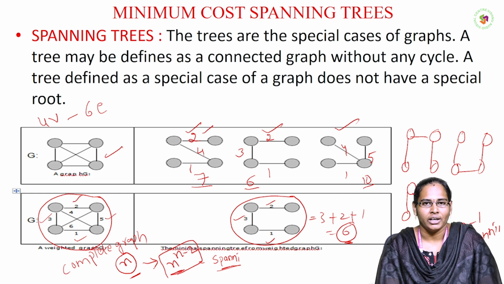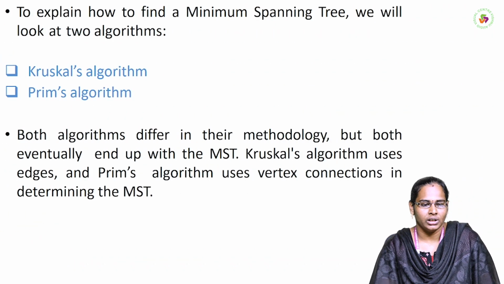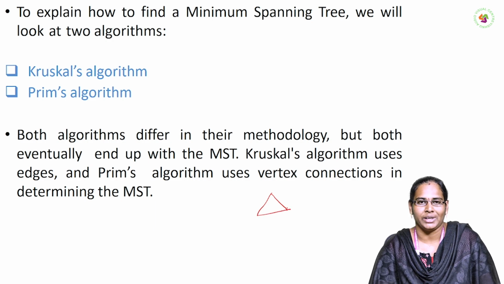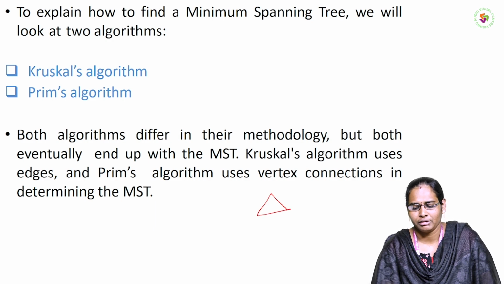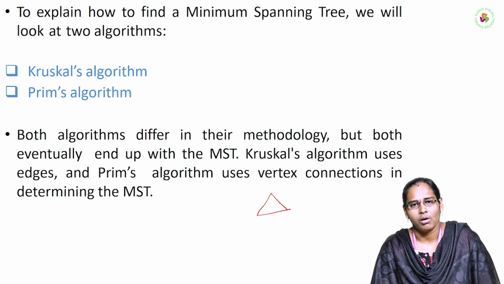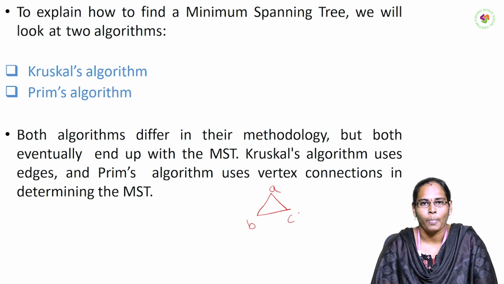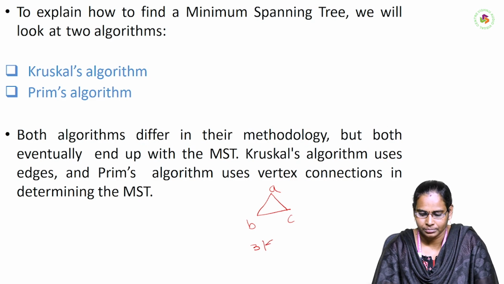For example, here I am taking 3 vertices of a complete graph. Complete graph means every vertex is connected to all the remaining vertices of the graph. Suppose here A, B, C. So this is a 3-vertex complete graph, K3 graph.